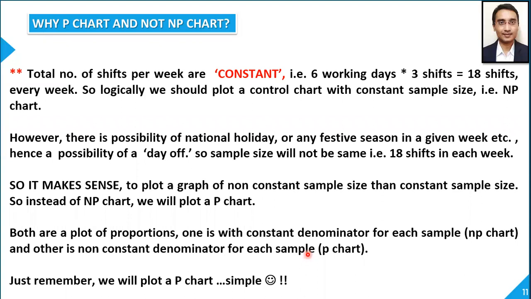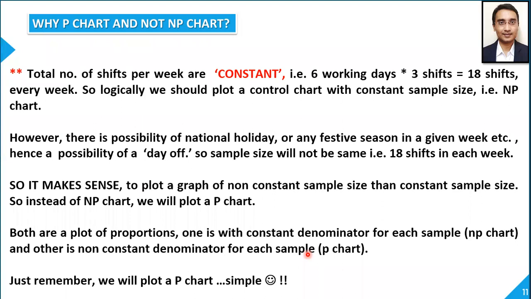Let me give an example. If it is the number of defective shifts divided by the total number of shifts in a given week, in an NP chart we will plot the control chart of the number of defective shifts.